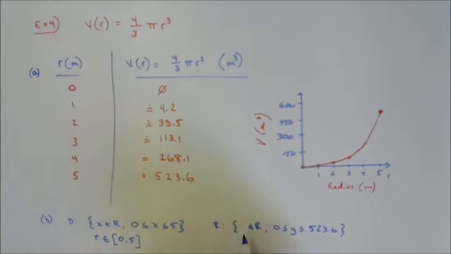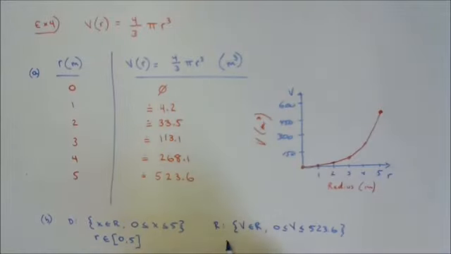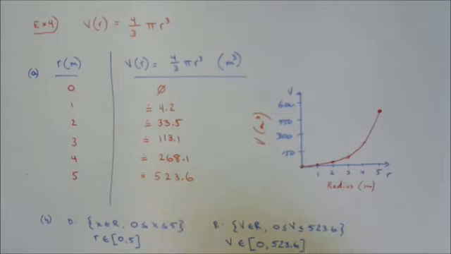And this, we should actually use V instead of y, because it's the V axis, the volume axis. Anyway, volume belongs to square brackets from 0 to 523 inclusive.